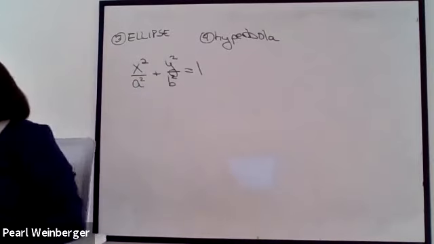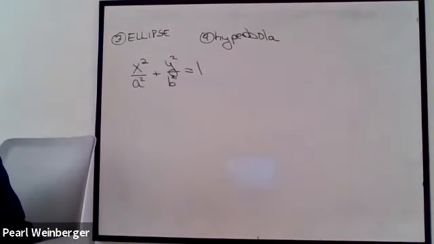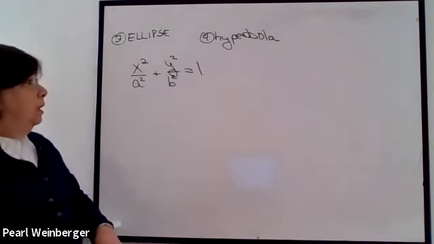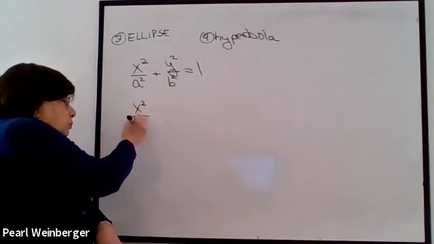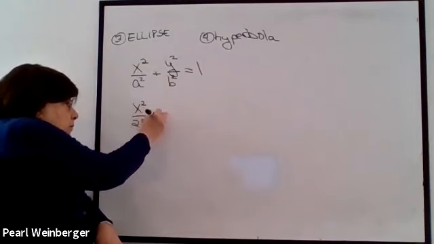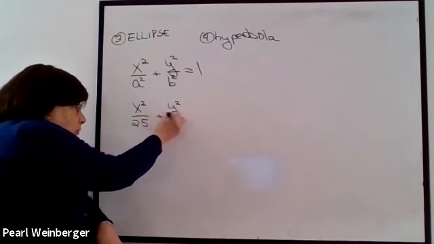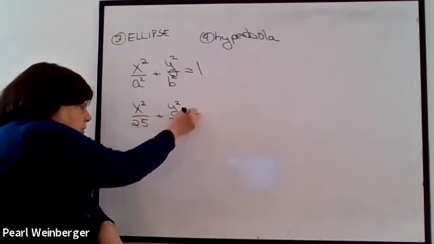So what do we do? How do we graph an ellipse? What should we do with an ellipse? So let's first look at an ellipse in its standard form. Suppose I gave you x squared over 25 plus y squared over 9 equaling 1.